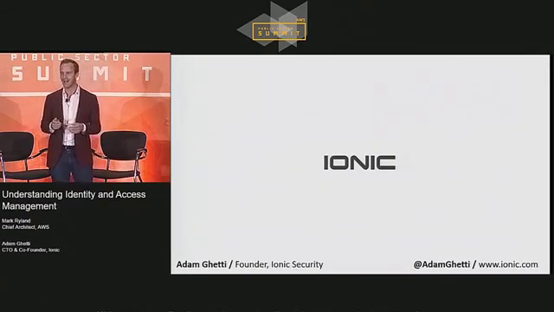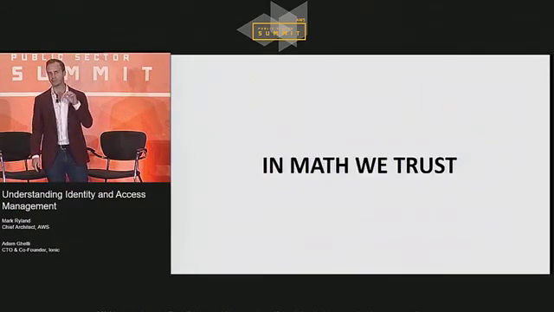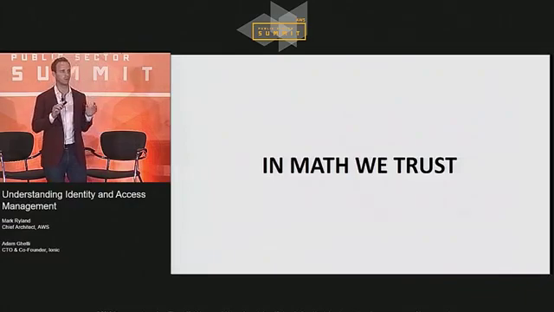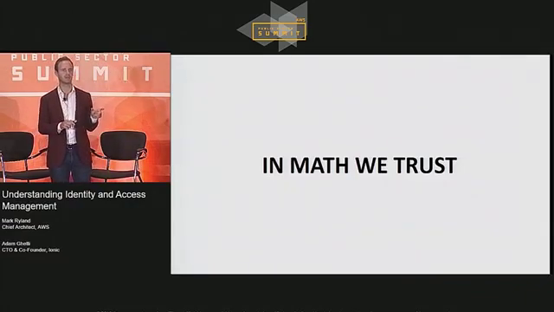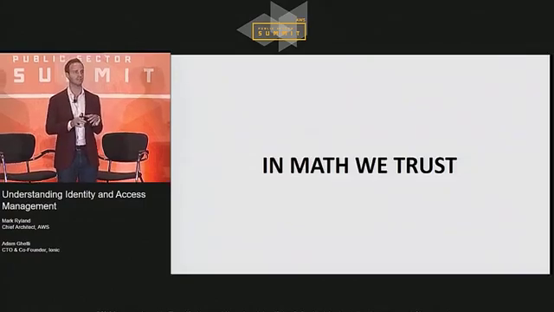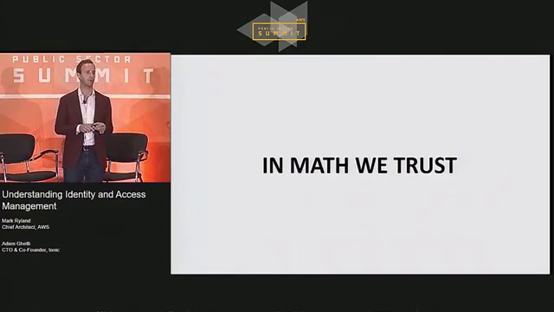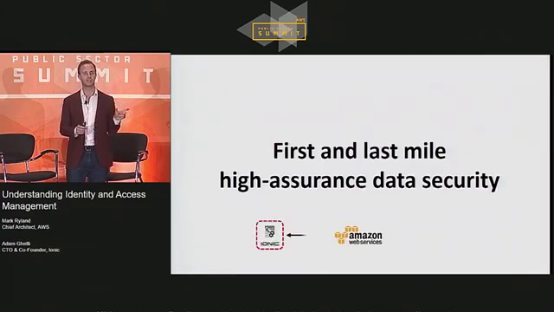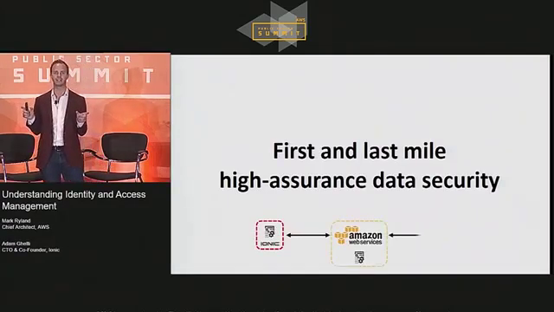At Ionic, we have a saying, in math we trust. And today we're here to discuss what the world would look like when the right math is implemented in verifiable ways and then is managed in a high assurance fashion at web scale, how you can use that math to enable first and last mile high assurance data security.